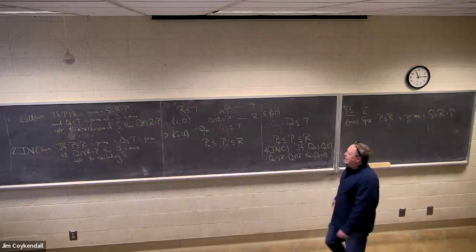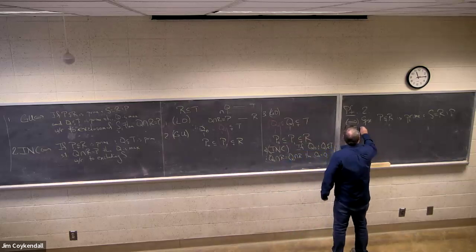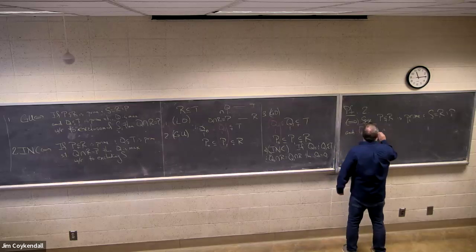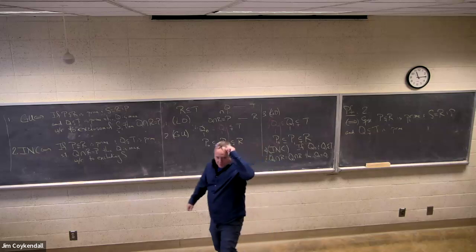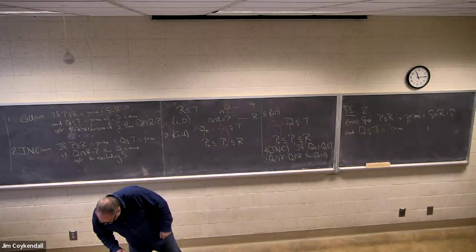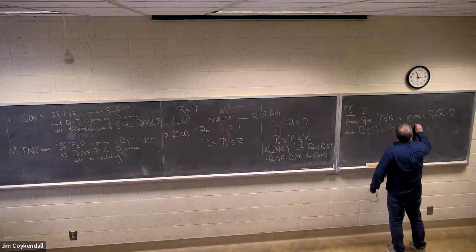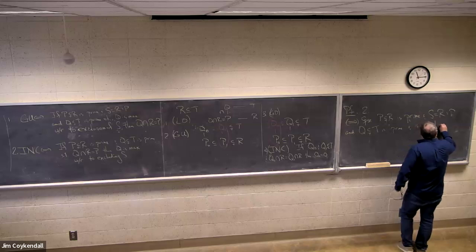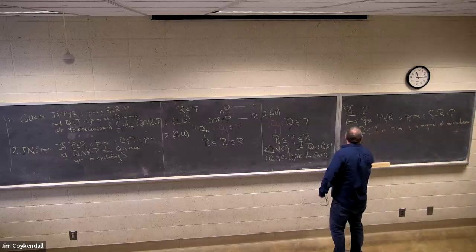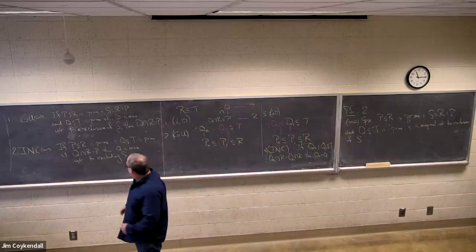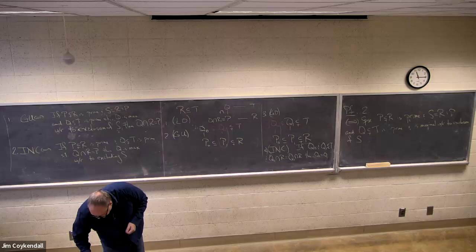S is R minus P. Suppose Q is prime and is maximal with respect to the exclusion of S. Now, of course, what we're going for is we want to show that Q intersect R is P. That's really what we want here.